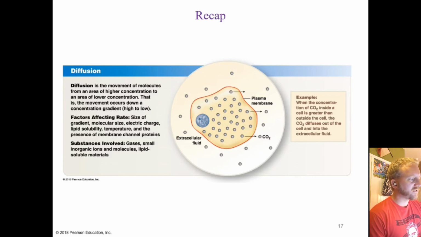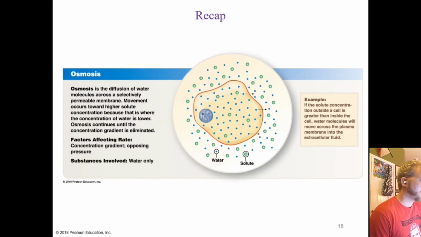Look at different factors like the size of the gradient, the size of the molecule, temperature, stuff like that. These are going to be gases, small inorganic substances, lipid-soluble materials, and stuff like that.